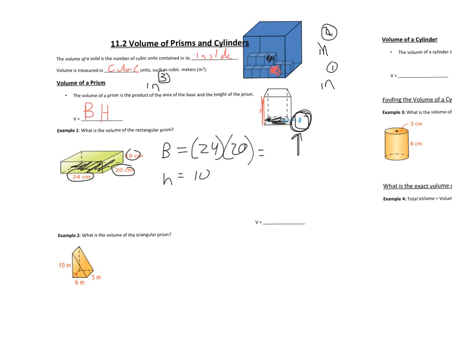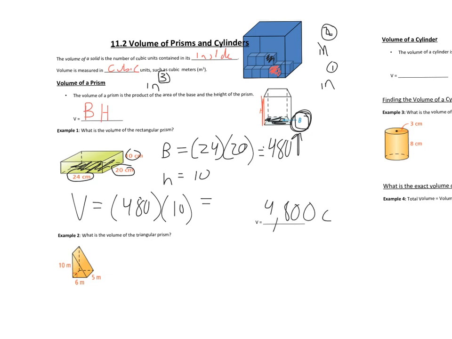So 24 times 20 is 480. And so the volume is going to be 480 times 10, which is 4,800. Remember, these are cubic units now, so it's centimeters cubed.